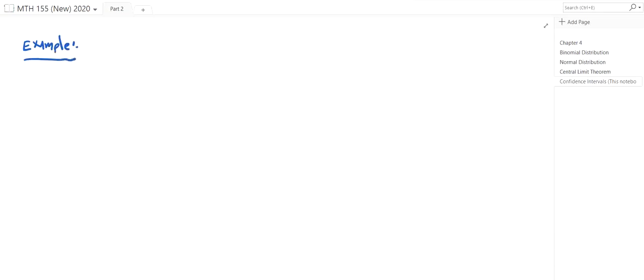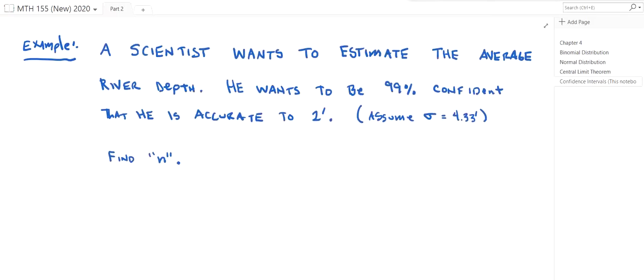I'm going to pause this and write the question. Okay, so my problem is a scientist wants to estimate the average river depth. He wants to be 99% confident that he is accurate to 2 feet. Assume that sigma equals 4.33 feet.